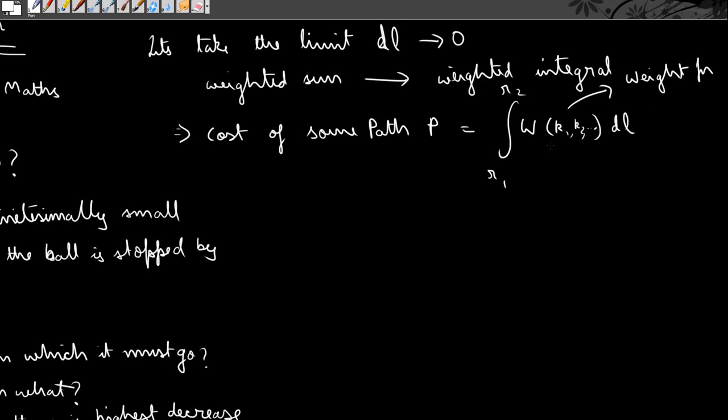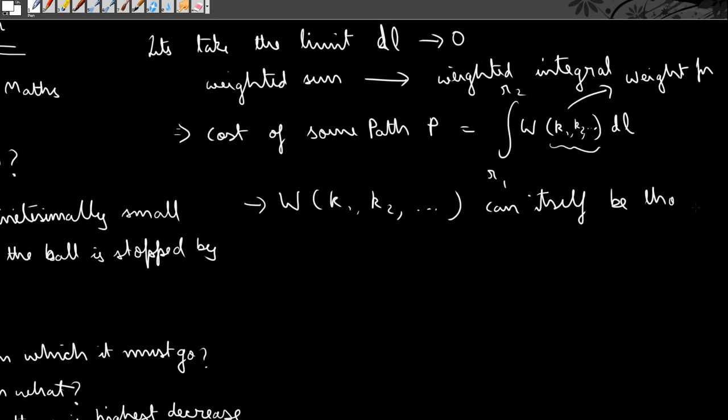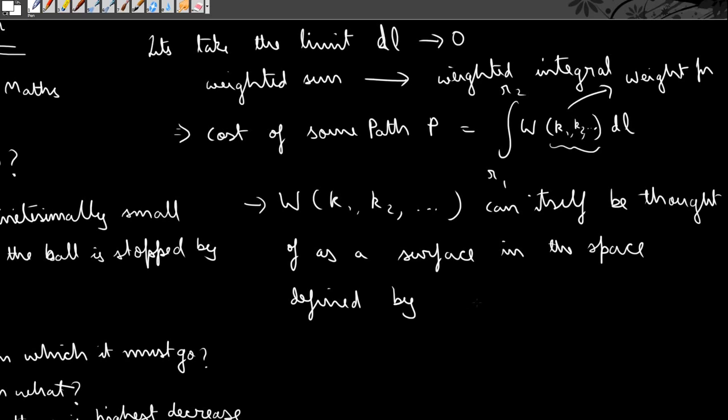Now, before we go into what these k1, k2 dot dot dot are, I want you to take note that w of k1, k2 dot dot dot can itself be thought of as a surface in the space defined by k1, k2 dot dot dot.